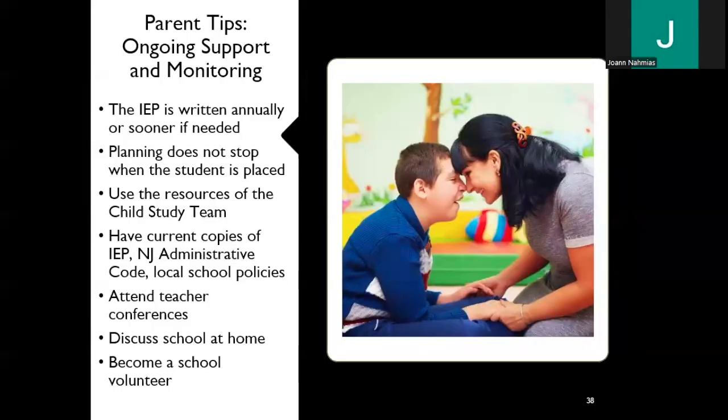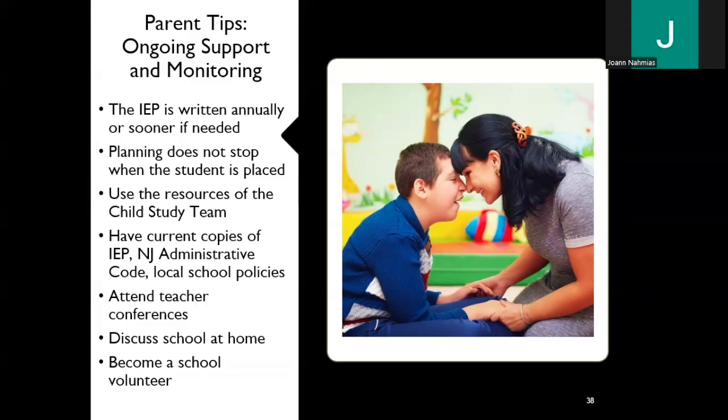This slide focuses on ongoing support and monitoring after the IEP is developed. Remember, the IEP is written annually or sooner if needed, but planning does not stop once the student is placed. It's an ongoing process. Parents should continue using the resources of the Child Study Team and keep current copies of the IEP, the New Jersey Administrative Code, and local school policies so that they can stay informed.